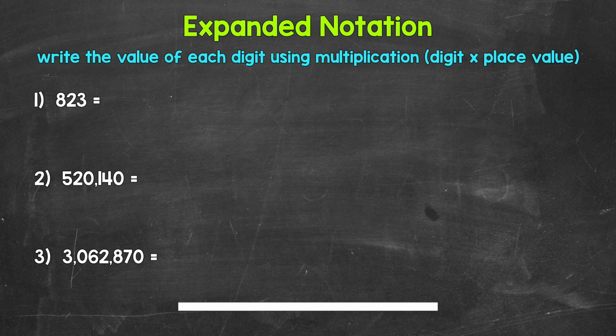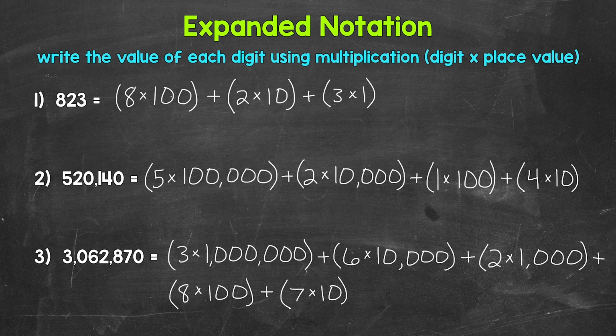Okay, so that's 2 minutes. Let's go over the answers. So here are our answers. For number 1, we should have 8 times 100 plus 2 times 10 plus 3 times 1. For number 2, we should have 5 times 100,000 plus 2 times 10,000 plus 1 times 100 plus 4 times 10.